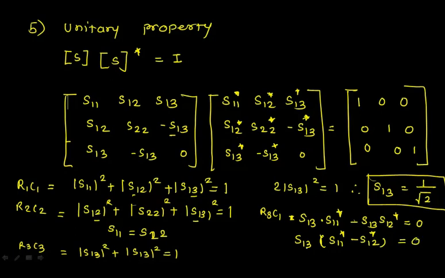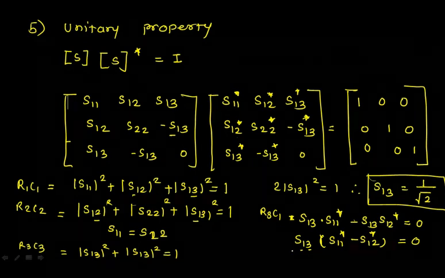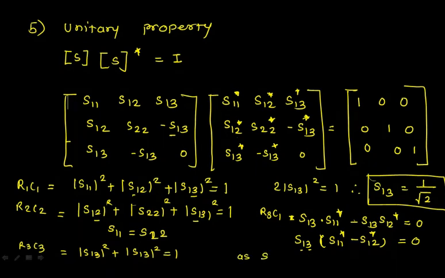Now, as we know, whenever we give something to port number 1, there should be something at the other port. So S13 cannot be 0. Since S13 cannot be 0, S11 complex conjugate minus S12 complex conjugate must be 0.